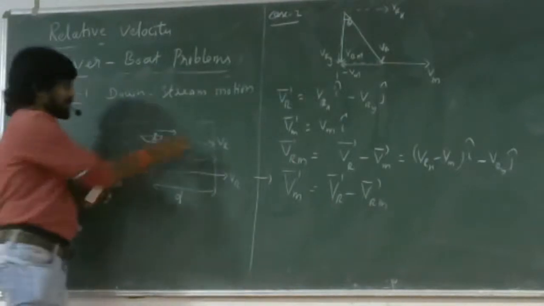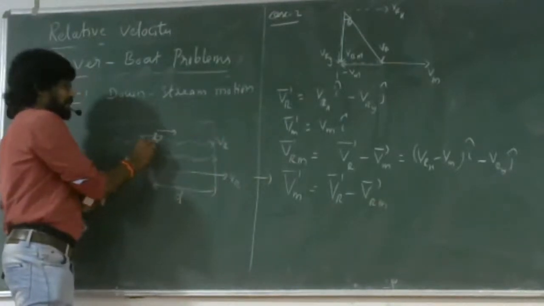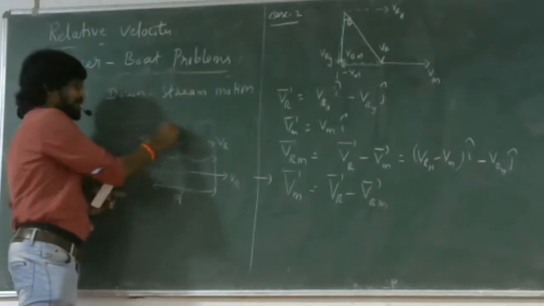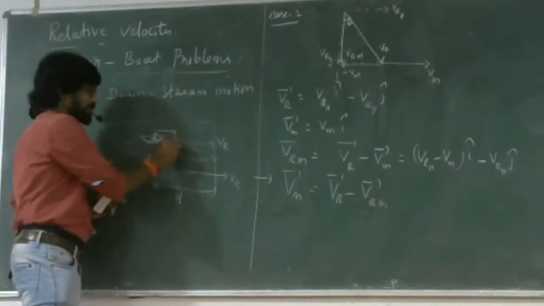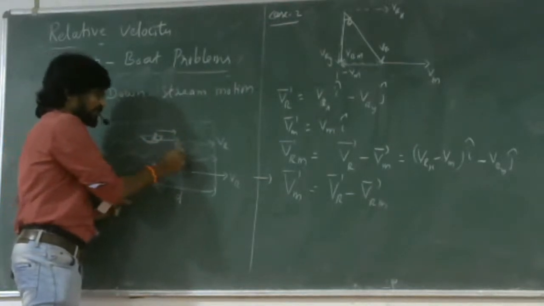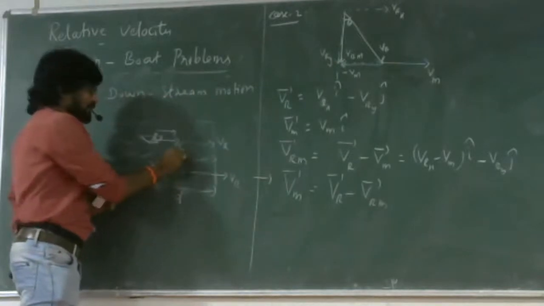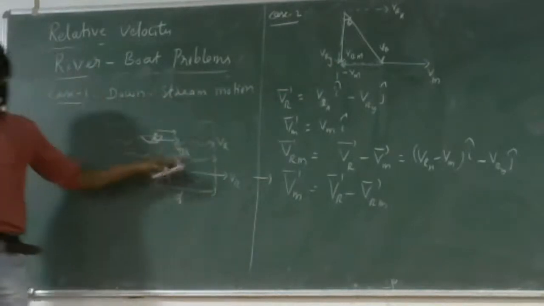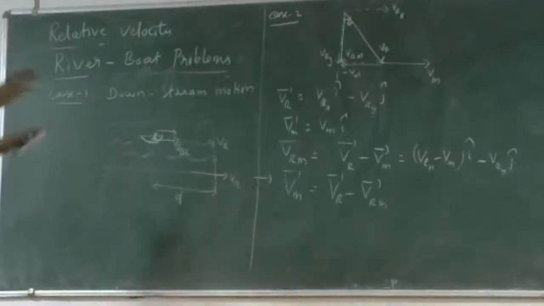This is river velocity. Velocity of the boat with respect to river. Now the river is there. Imagine the river is there, it's flowing. Okay? And a boat is also moving.